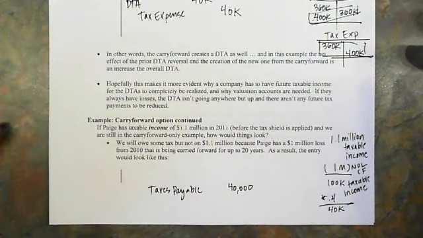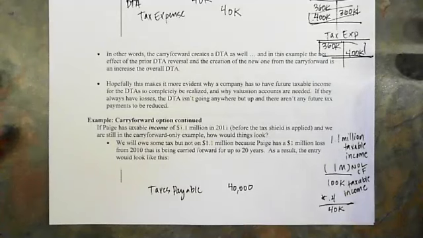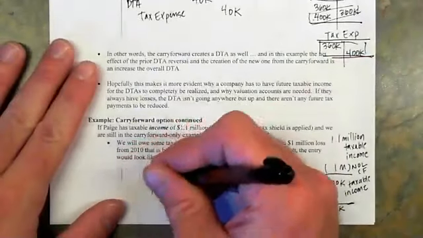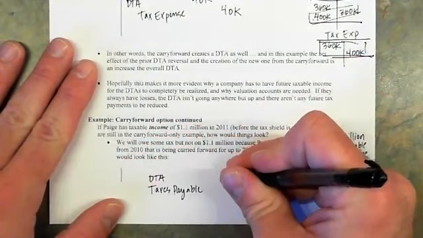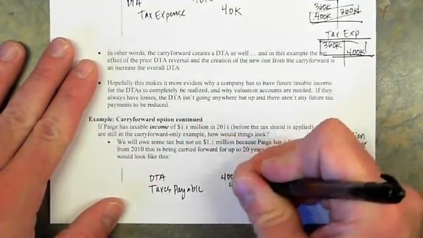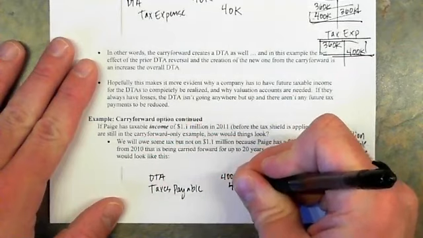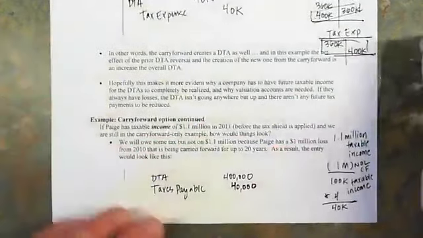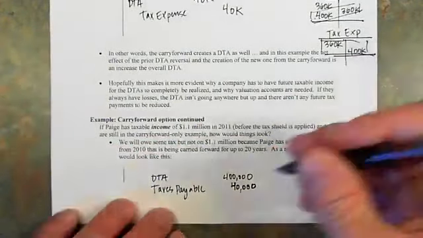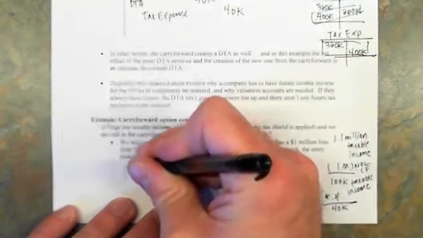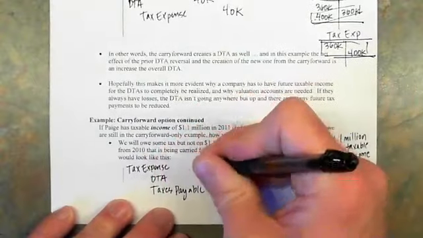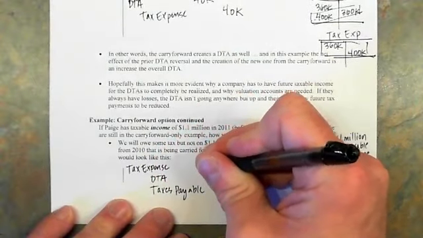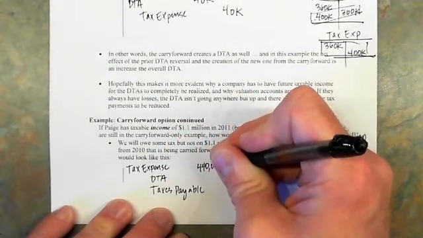I no longer have my DTA. My DTA is reversing. I used all 400,000 of it in order to reduce my taxable income, which means that now in this period, I have tax expense of $440,000.